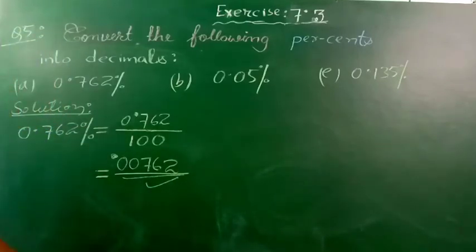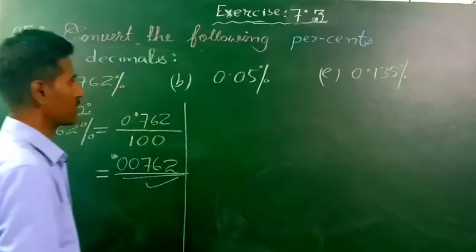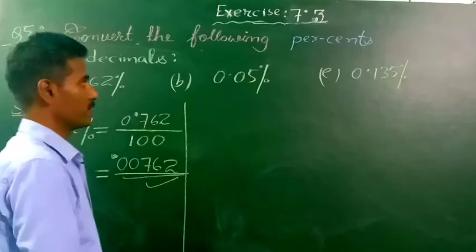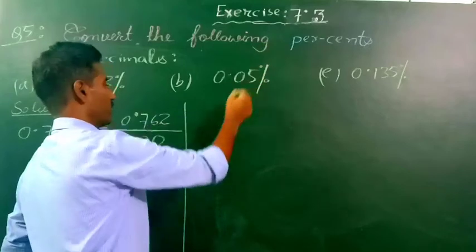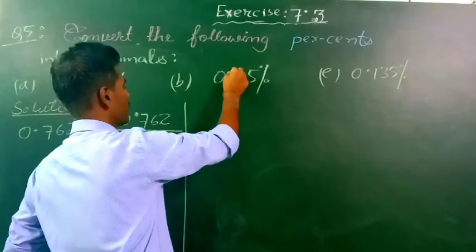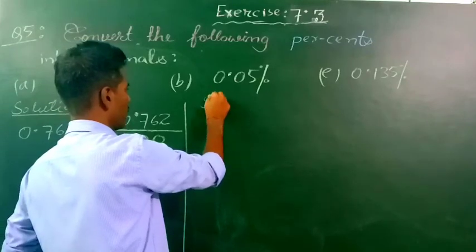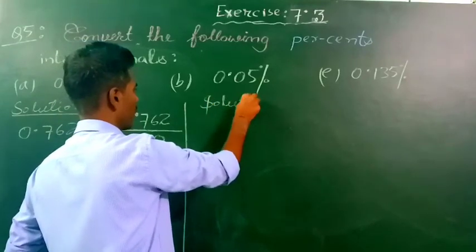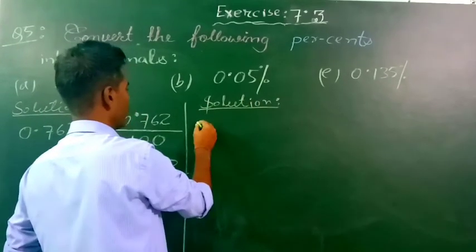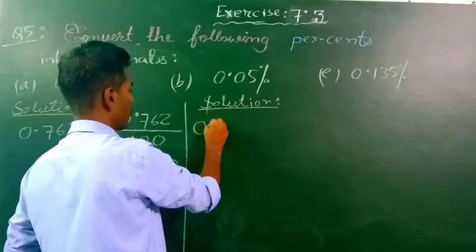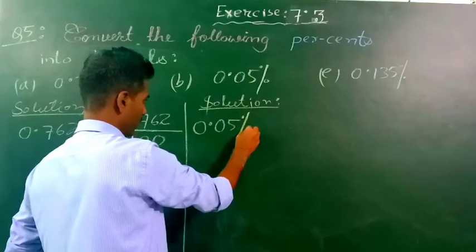Okay, that's very simple, is it? Is it or not? Okay, now see question number B, 0.05%. Very simple. I think I don't need to do it, you can do this all yourself now. Okay, so solution, 0.05%.